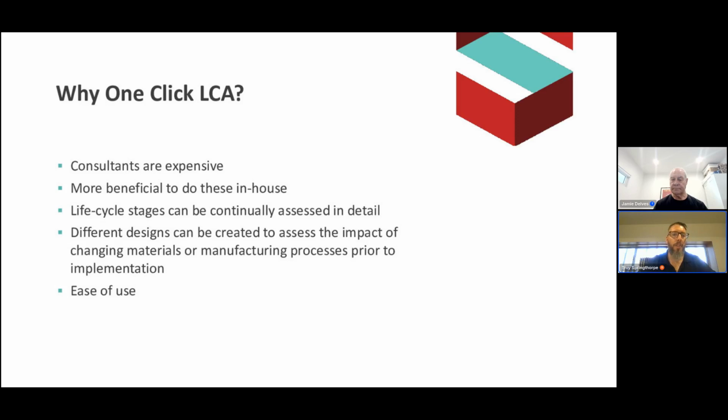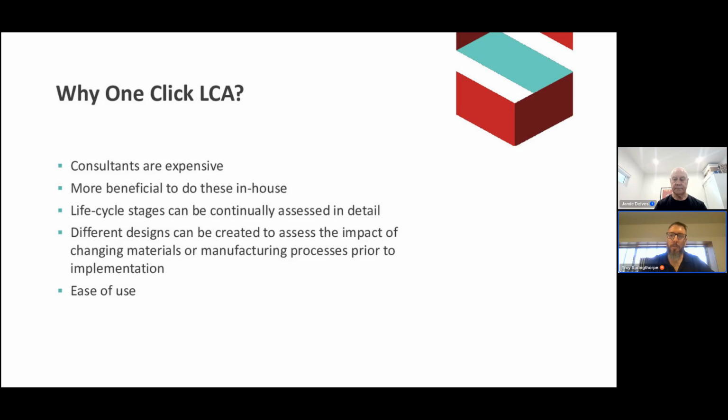So we decided that it was more beneficial to do them in-house, train 1 or 2 people up internally. And then as we go and as we create new products, we can then create new designs in One Click LCA and continually assess them in detail.